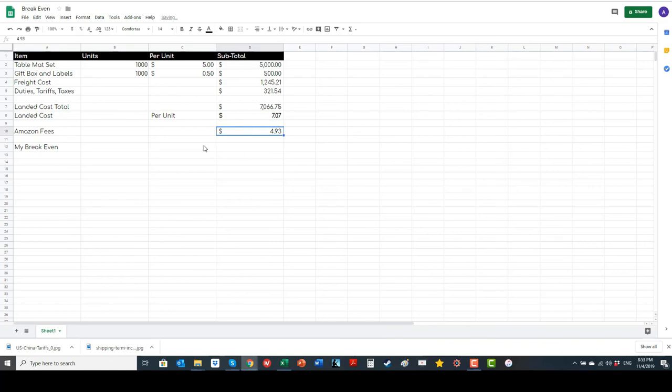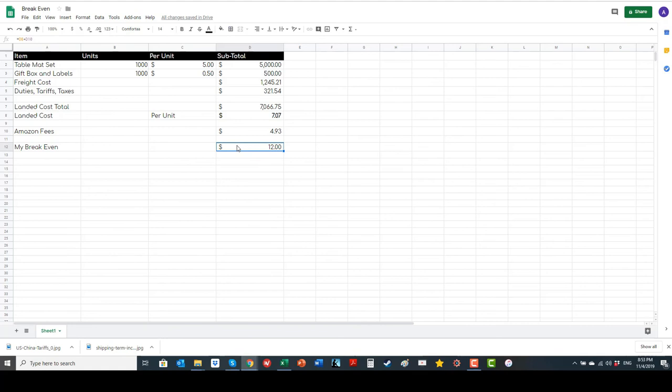Okay, so my break-even cost is the cost of the product, all the shipping, all the labels, duties, taxes, plus the Amazon fees I need to pay for each one that ships out, and it's $12. I'm not counting in advertising spend here.